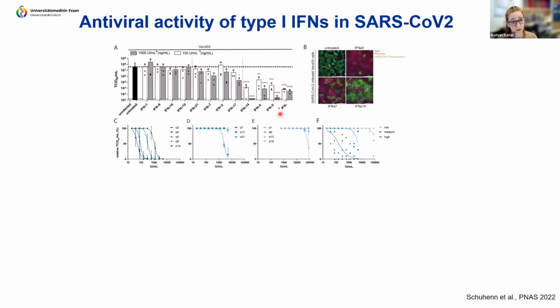And also we had lambda-3 as a control because that was already published. This was really good. And you also see it here. So we did immunofluorescence and we stained the infected cells in green. And you see here when we treated the cells with alpha-5, almost only 2 cells are still there. Whereas when we treat them with another one like alpha-16, the picture is really greenish, so there are a lot of infected cells.